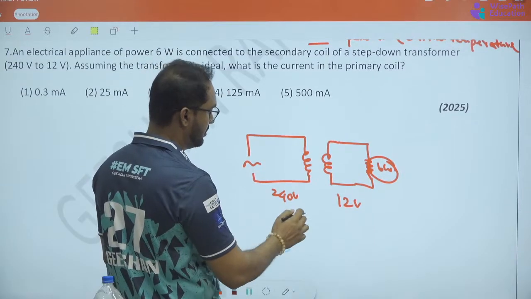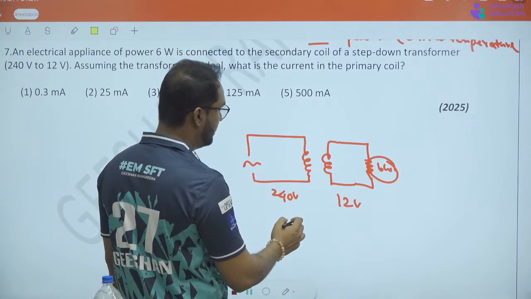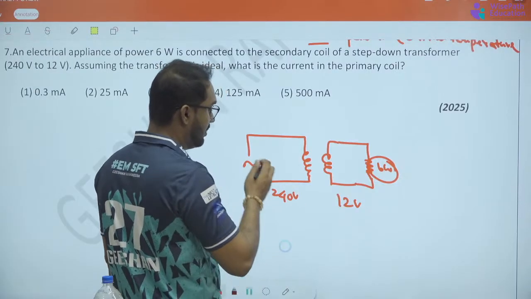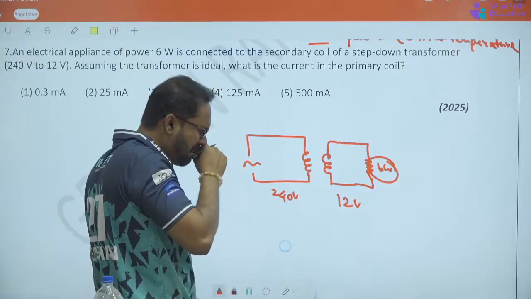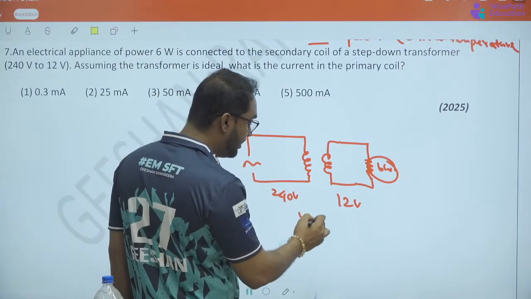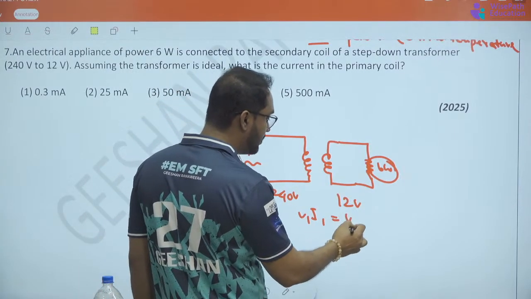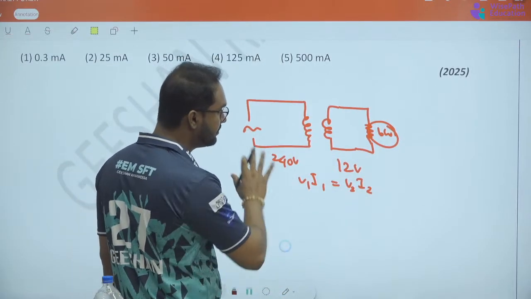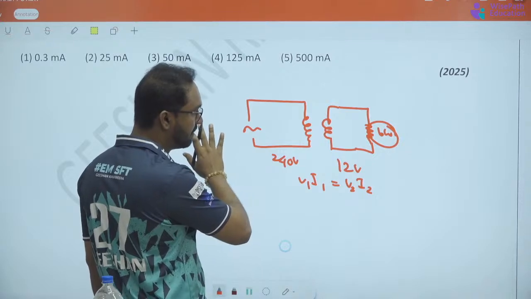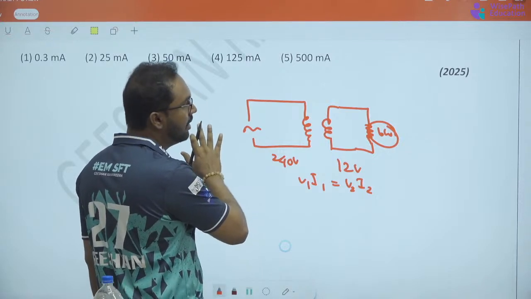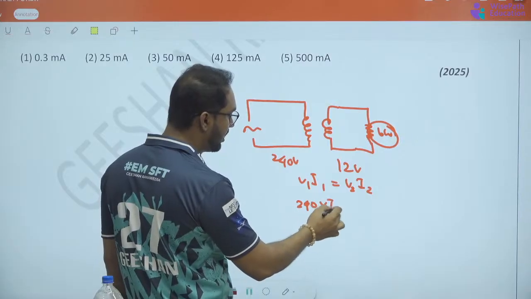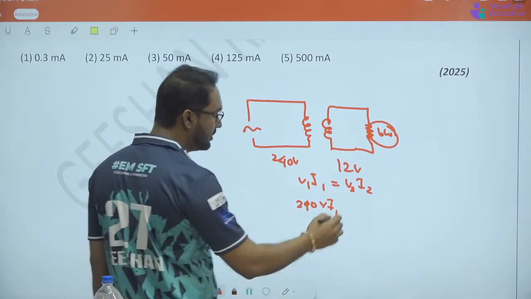So V1 I1 equals V2 I2. V1 I1 is the power of the primary, so the voltage here is 240. You have to find the current I1.